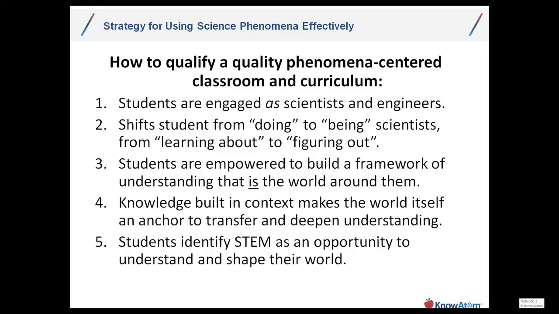But students should be identifying this as an environment or opportunity to understand and shape their world. So there's a big piece of empowerment that is a part of both the classroom and the curriculum. And the curriculum and lesson plan design produces the inquiry environment experience.